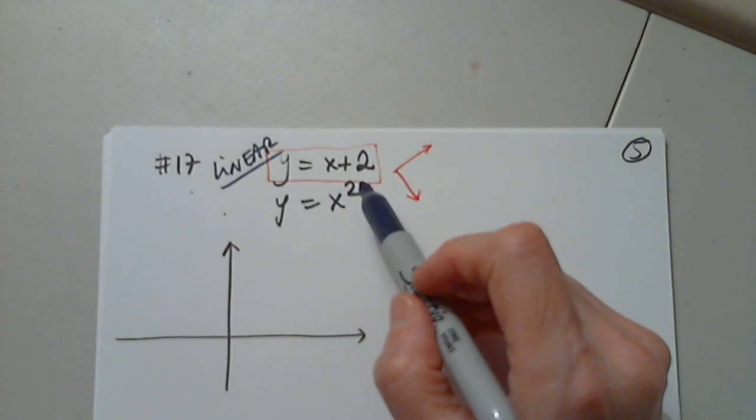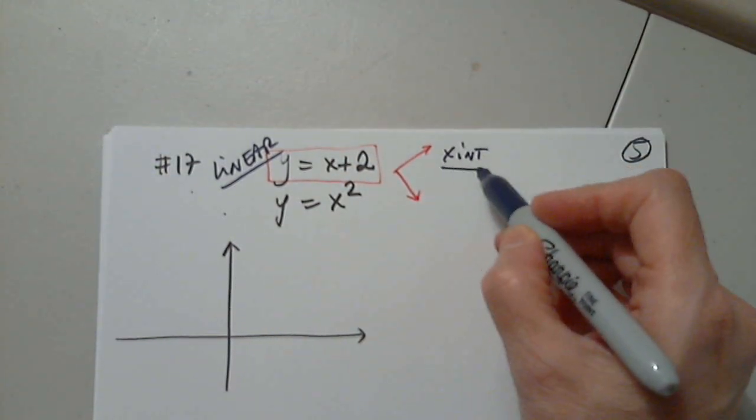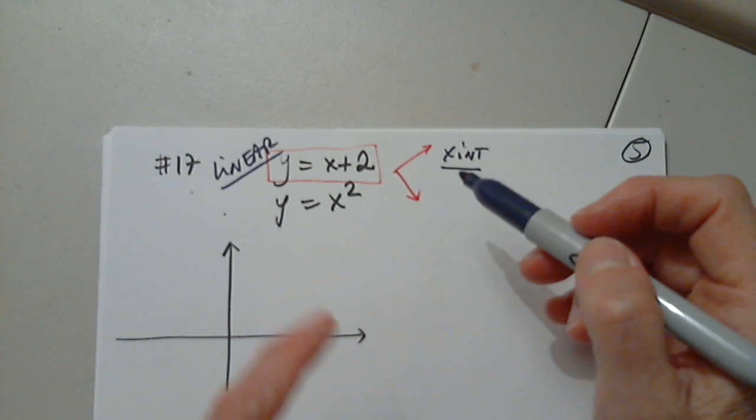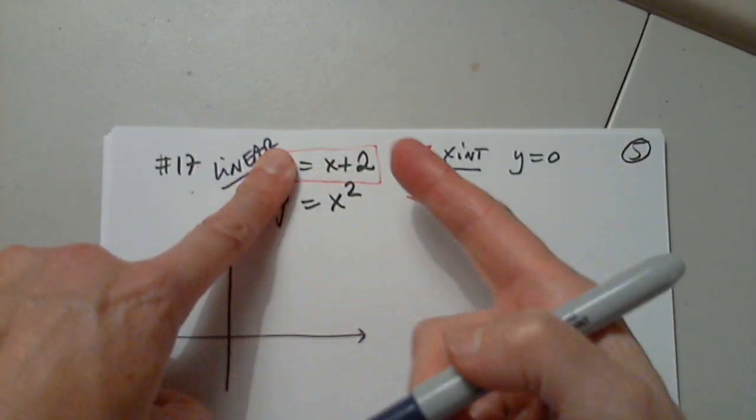How do I determine the x-intercept? You plug in 0 for y. Excellent. 0 for y, so x equals -2.